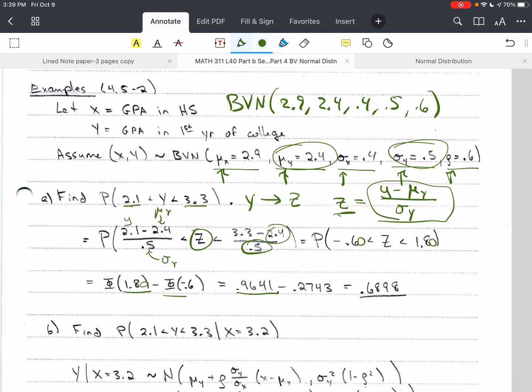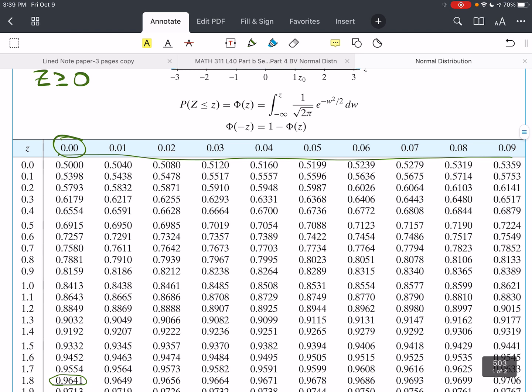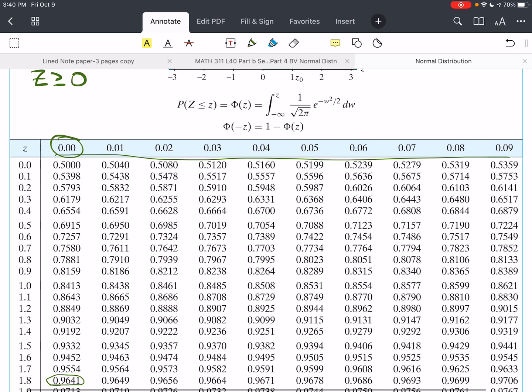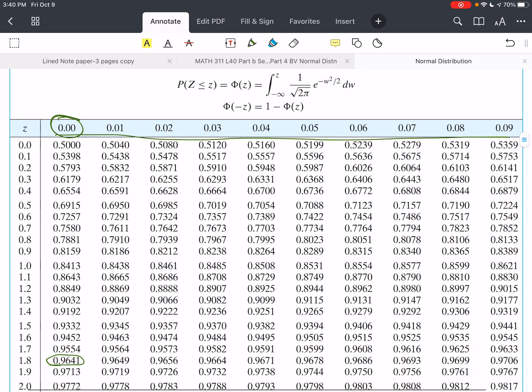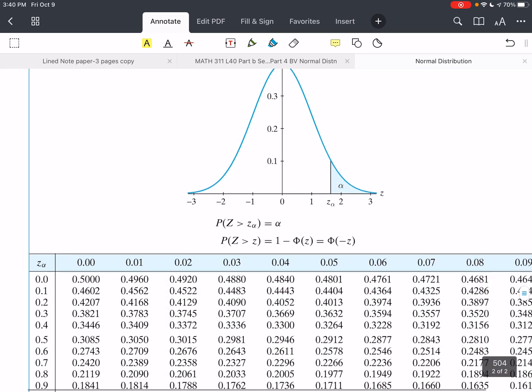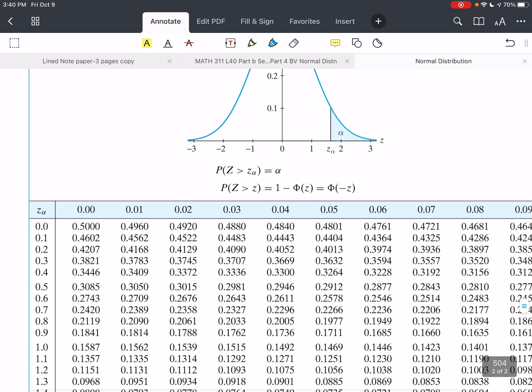And then we need phi of negative 0.6. There are no negatives here, but it says that phi of negative z is equal to 1 minus phi of z. So I can find phi of 0.6 and subtract it from 1. That's one way to do this. Or I can go to the second table, which gives the critical value, where the area is the area above it.